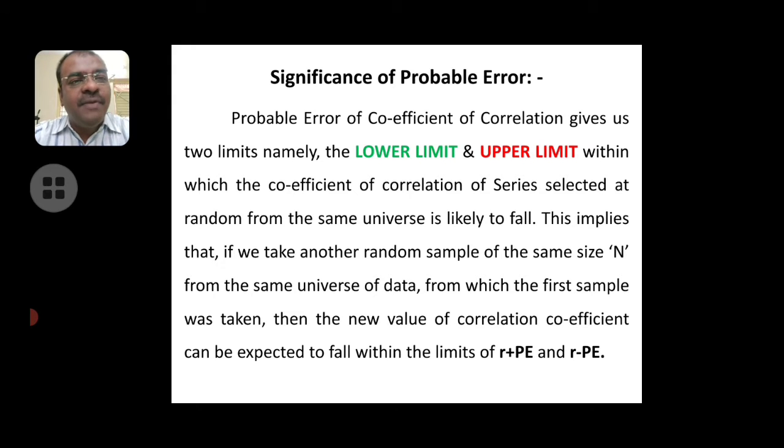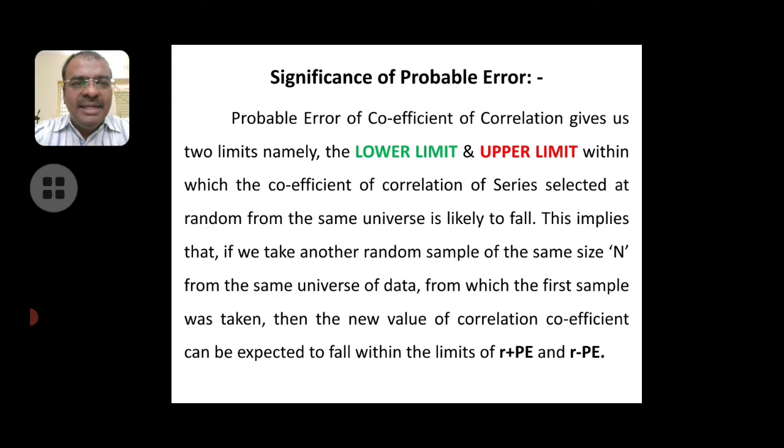The significance of probable error. Why calculation of probable error is actually important. Probable error of coefficient of correlation gives us two limits, which I already told you. One is the upper limit and the other one is the lower limit, within which the coefficient of correlation of series selected at random from the same universe is likely to fall.